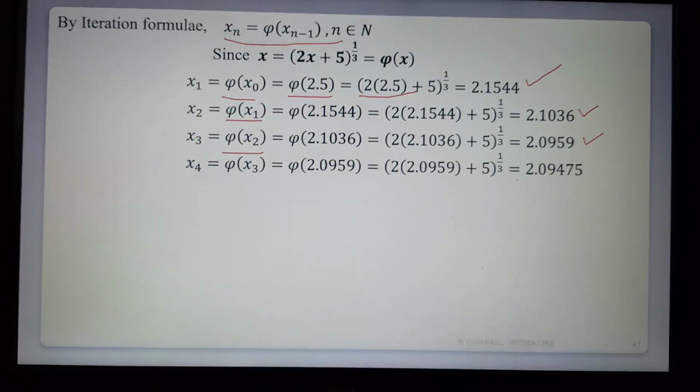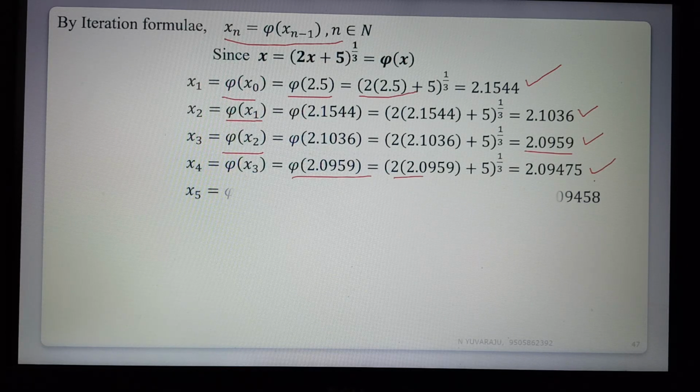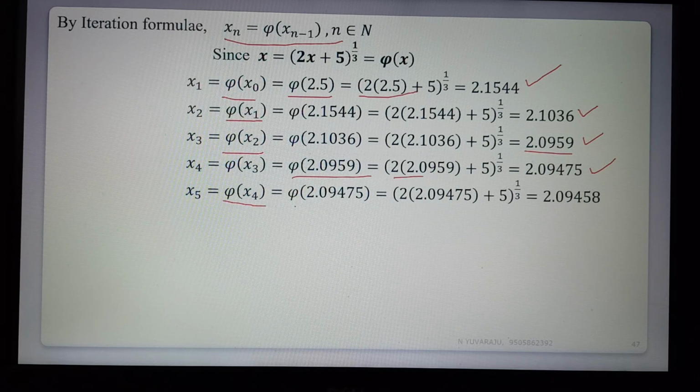Third approximation, phi of x2, substituting 2.1036, after simplification 2.0959. Fourth approximation, phi of x3, substituting here, 2 into 2.0959 plus 5 whole power 1 by 3, after simplification 2.09475. Fifth approximation, phi of x4, phi of 2.09475, after simplification 2.09458.